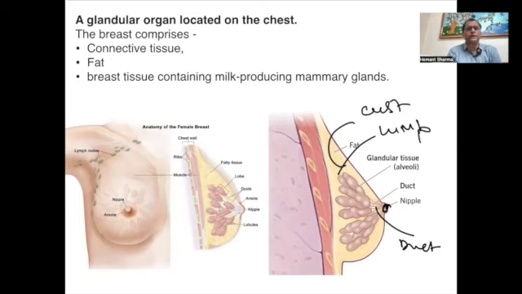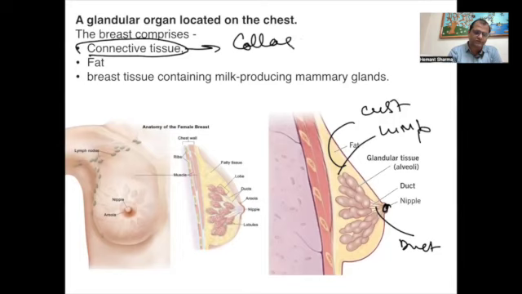And we are also saying the breast is a sign of beauty. If females want beautiful breasts, they should have very good collagen and elastin fiber.